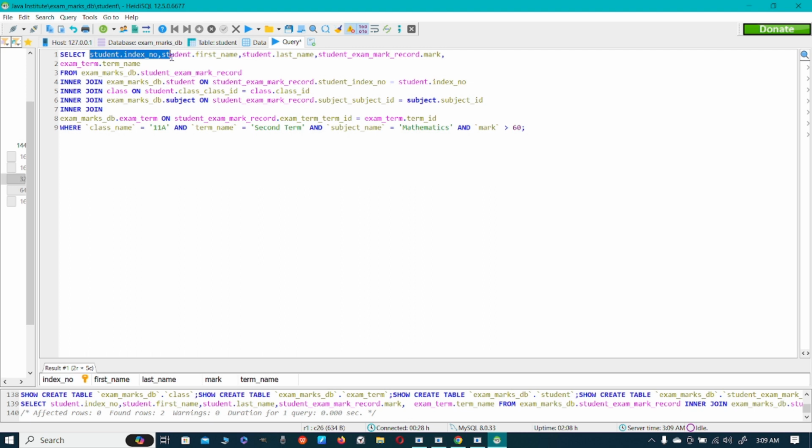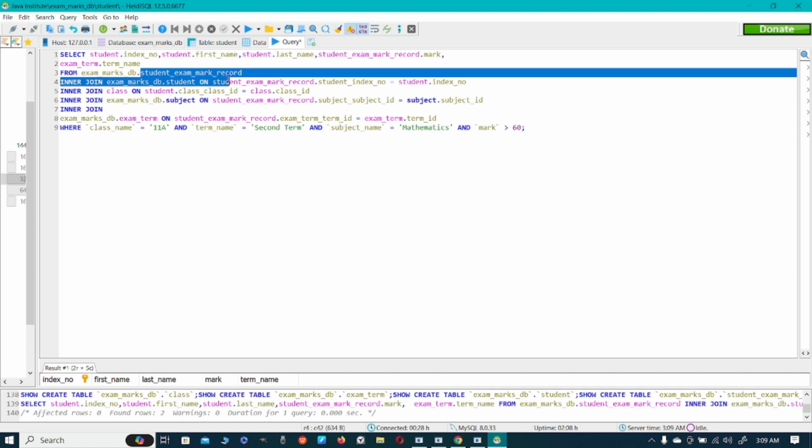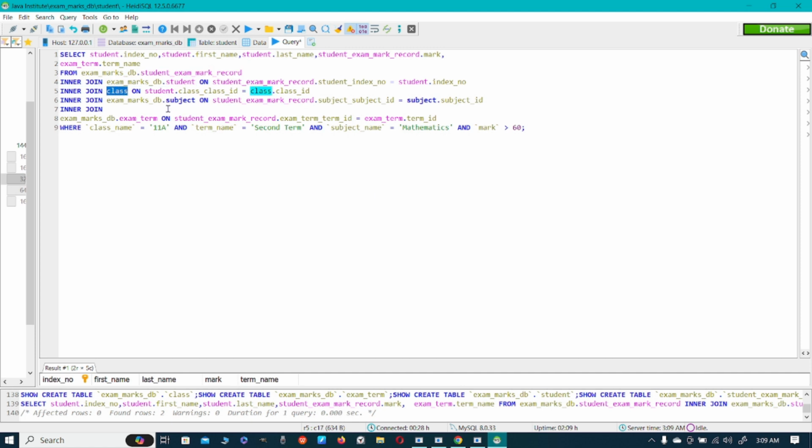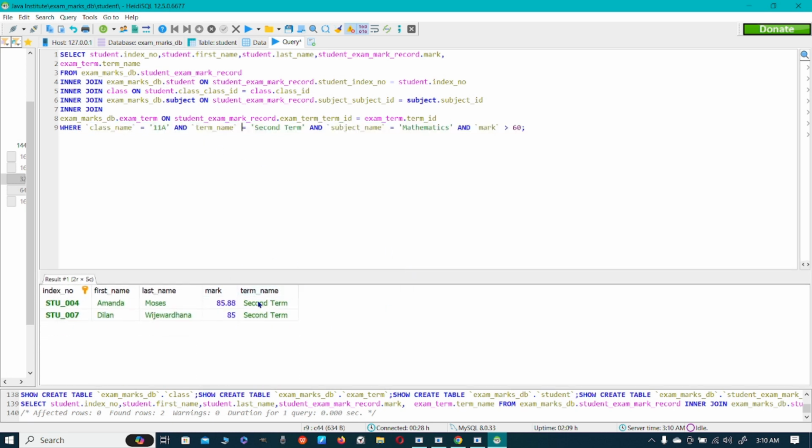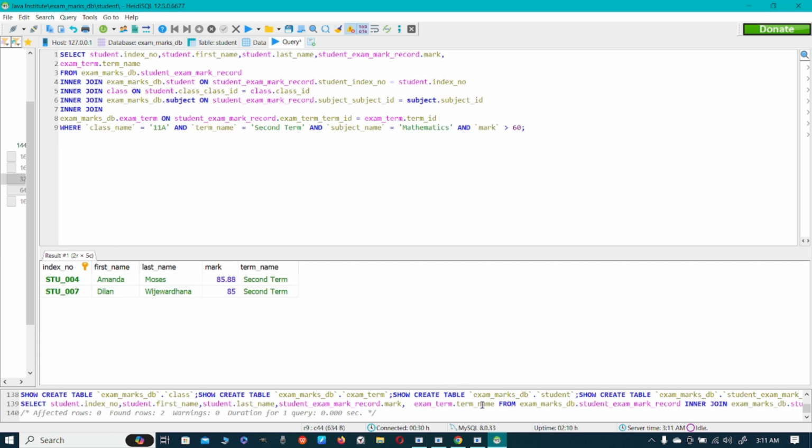We have selected the details they have mentioned, and we have firstly joined the student exam mark record table with the student table. Then we have inner joined the class table. Then we have inner joined the subject table. Then lastly the exam term table. And this line shows us the condition, and this would be the answer. Let's move on to the next question.